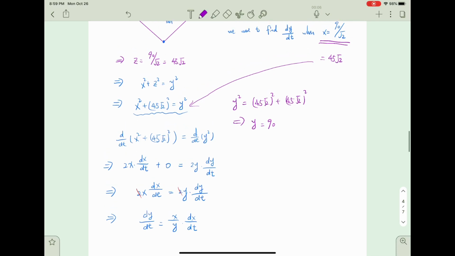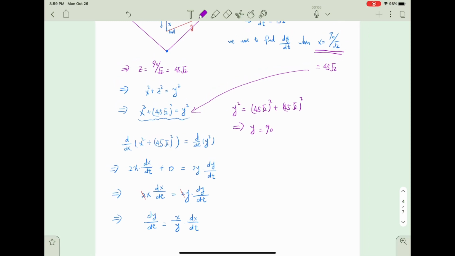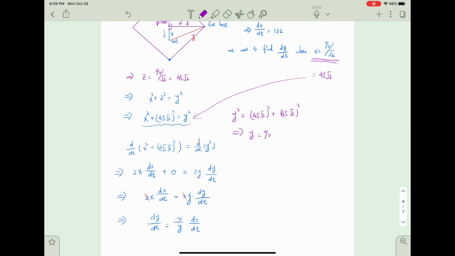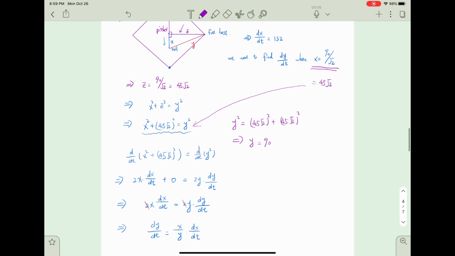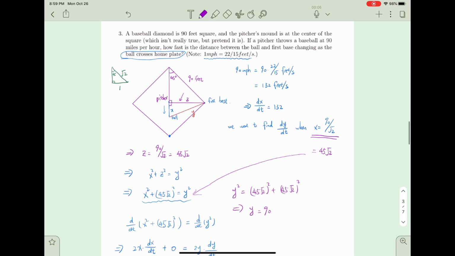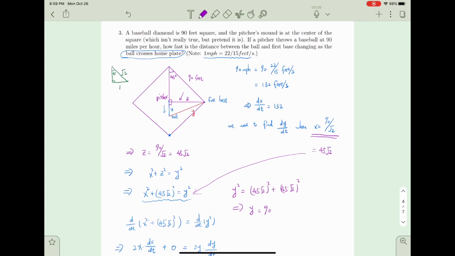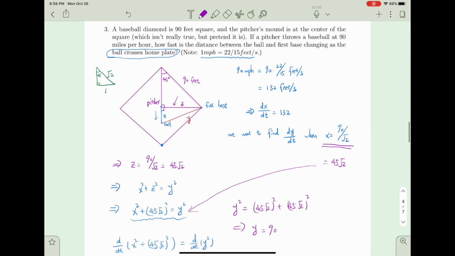And we also know dx/dt, which is already given. That is the speed of the ball, and it's also the rate of change of x, which is constant. It does not change. It's given by a constant speed of 90 miles per hour, and we have converted this data into 132 feet per second. So dx/dt is 132 here.